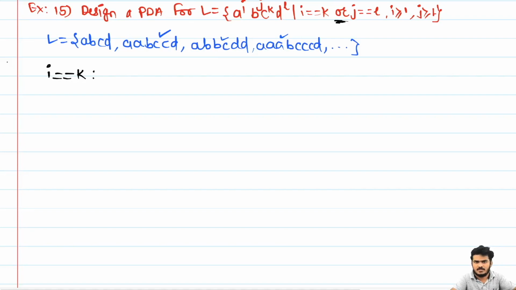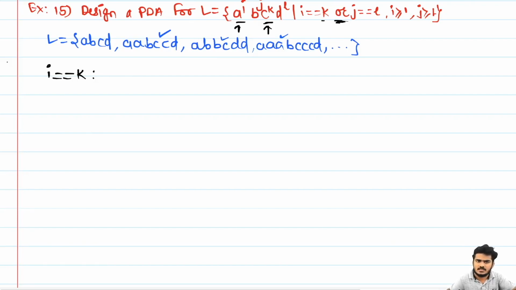Okay, so when i is equal to k, whatever number of a's are there, exactly that number of c's we will get, because i is equal to k. So if I consider i is equal to 10, then k is also 10. So if I am getting 10 a's, then at the same time I am getting 10 c's.